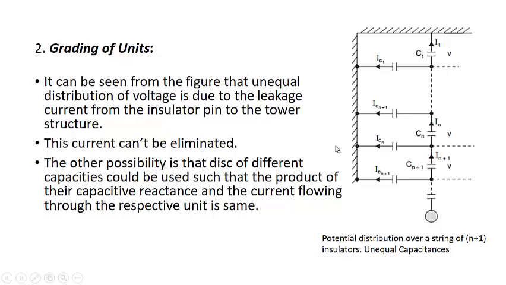The second one is the grading of units. As we already know, the current flowing through the insulator which is close to the power conductor is maximum, and the current flowing through the insulator disc which is close to the tower structure is minimum. So we can exactly make the potential distribution the same, even if we have the leakage currents, by having different insulator discs with different capacitances.